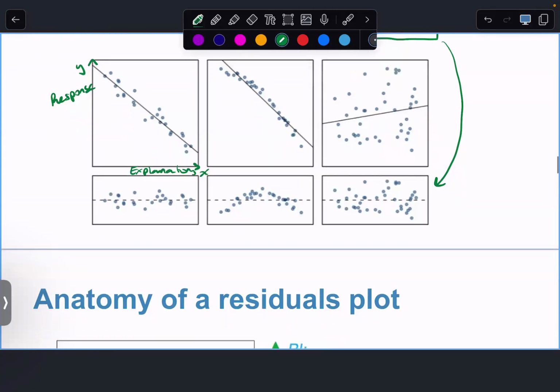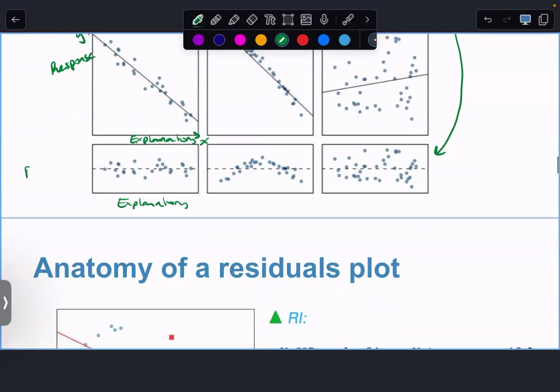Now, the residual plot is still going to have the explanatory variable on the x-axis, but remember, in your data set, you've got your x's, your y's, and you're also able to make a column of the residuals, right? And so you can link your residuals to your x's and your y's. And so here, your residuals for a residual plot go on the y-axis, and it's centered on 0.